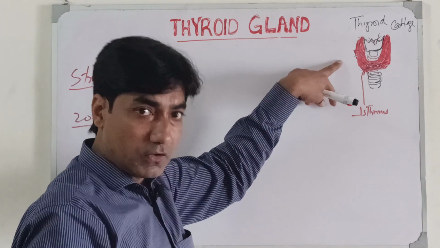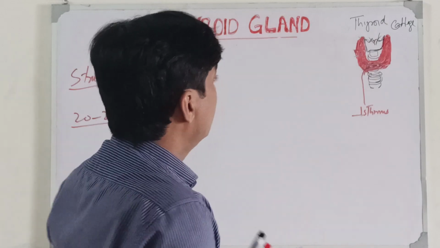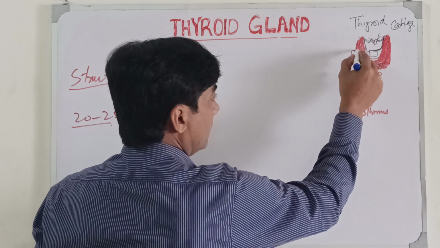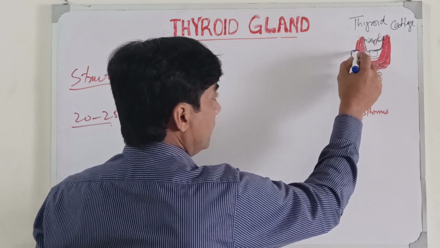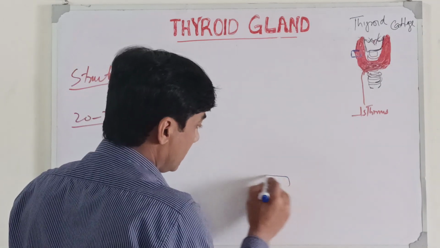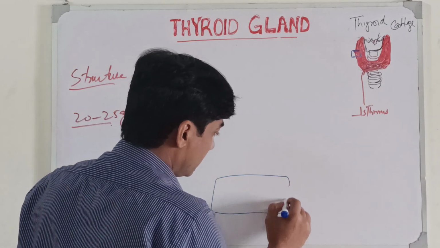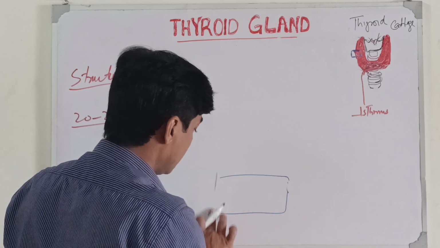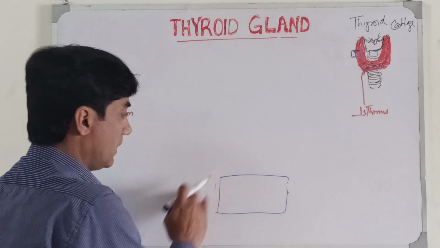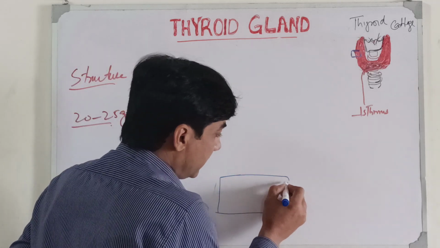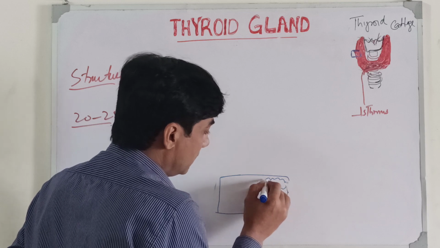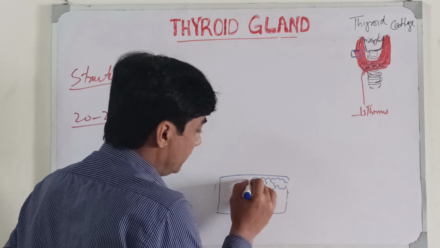Histologically, we will see the inner structure of the thyroid gland. For this purpose, we cut a piece of thyroid gland and examine it. Basically, the thyroid gland consists of different thyroid follicles, different sacs.